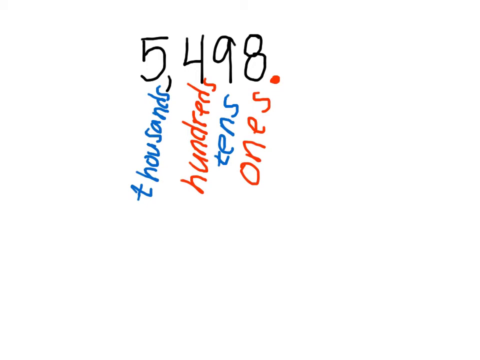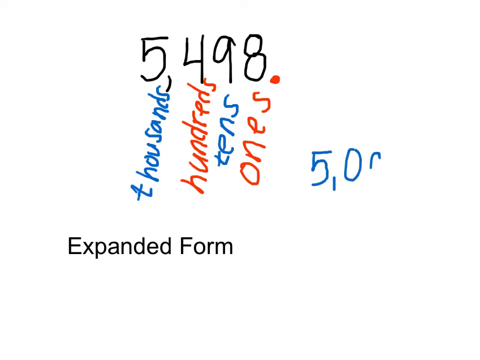Now I could write this number out in expanded form. I'm going to start with the largest number, and that's going to be in the thousands place. I know that 5 thousands would be written 5,000. In the hundreds, I have a 4. That would be 400. And in the tens, I have 9 tens, which would be 90.